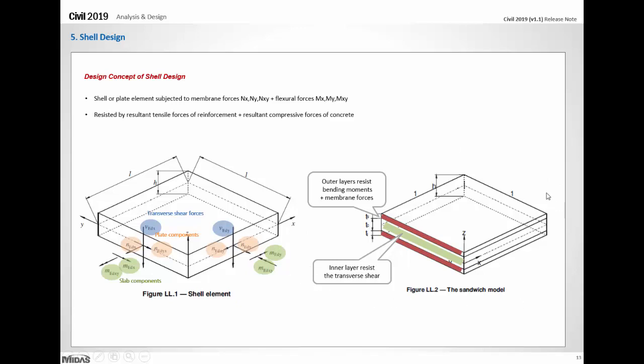So we apply the sandwich model, where the shell is divided into 3 layers: specified thickness of top and bottom layer, and the inner layer in between. Top and bottom layers will mainly consider bending moment and membrane forces such as axial and moment, as well as twisting. And the shear will be taken by the inner layer, and the required rebar will be suggested based on this.